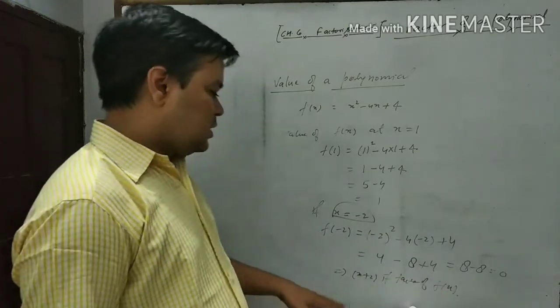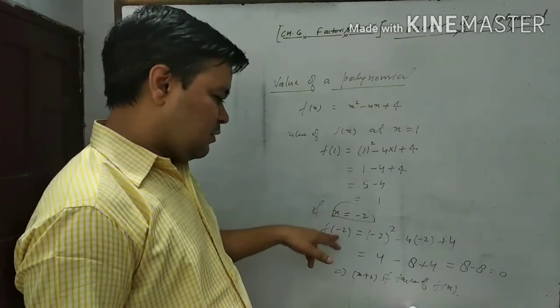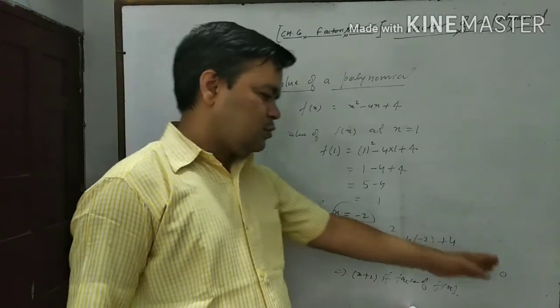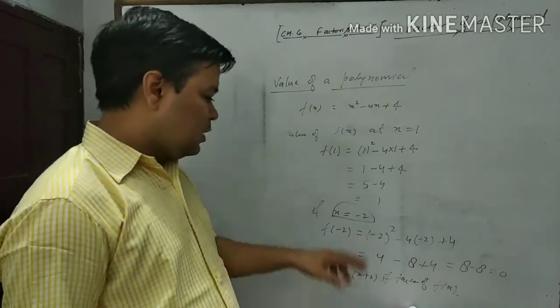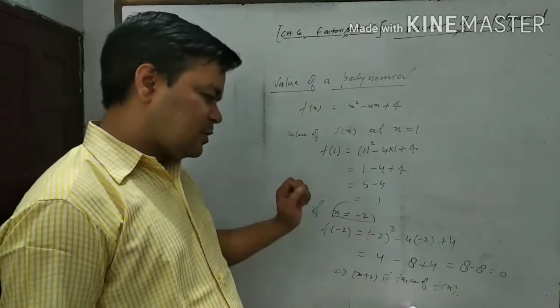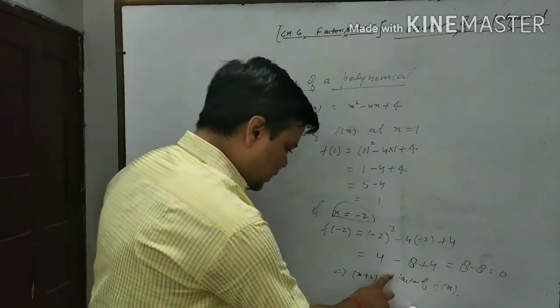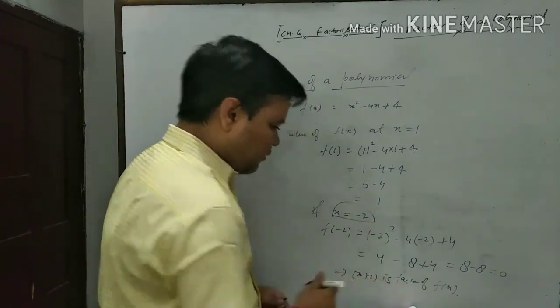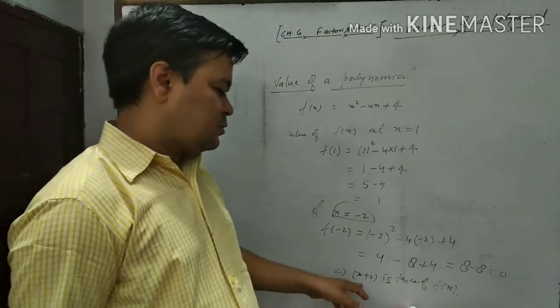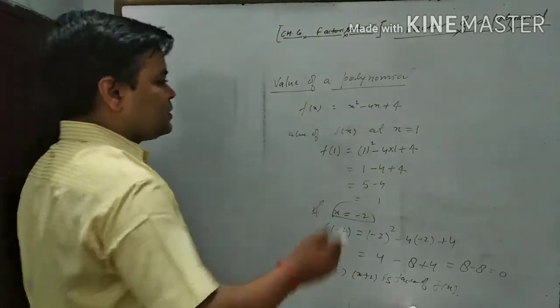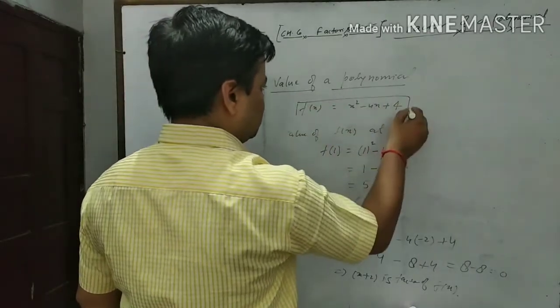Why? Because if we find the value of the polynomial at x equal to minus 2, its value will be 0. So we just take it to this side, and it will be x plus 2. So we can say that x plus 2 is a factor of the polynomial f(x).